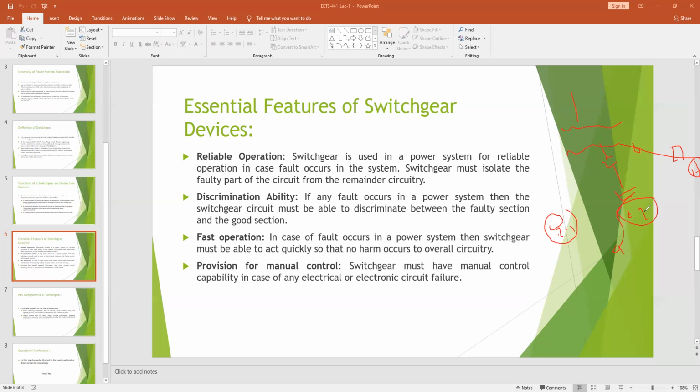Zone 2 should have been isolated from the system, but instead another zone was tripping out and going out of order. That could be a serious problem. So discrimination ability means a switchgear must discriminate between the faulty section and the good section, and take the necessary actions accordingly.